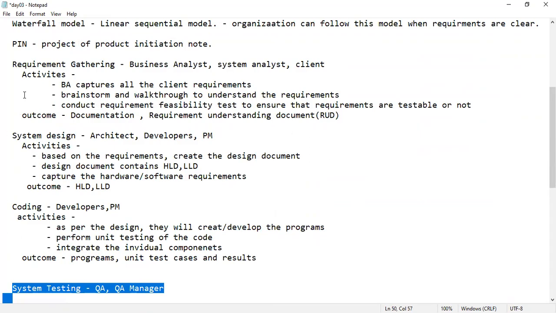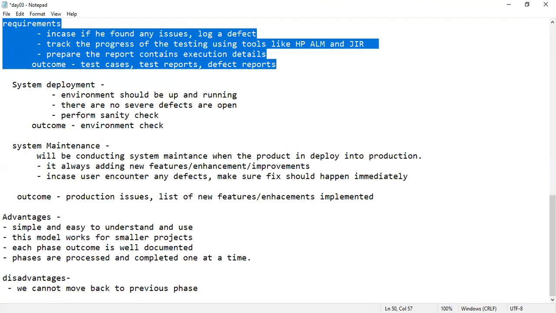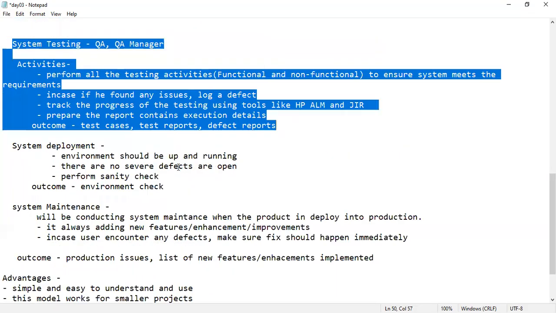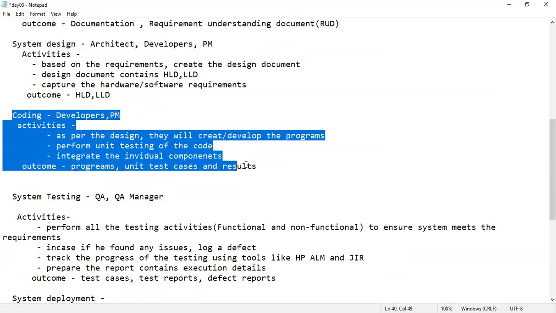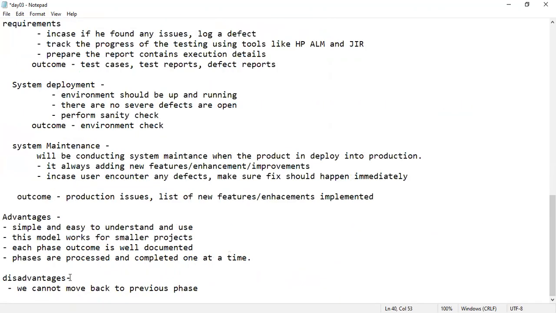Again you have to go back to requirement gathering. That is impossible in the linear sequential model. So we cannot move back to previous phases. Once you are done, then that is done. There is no way to go back to a previous state. That is the disadvantage. What else?